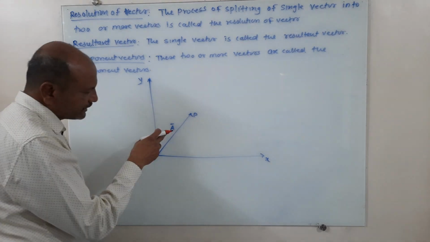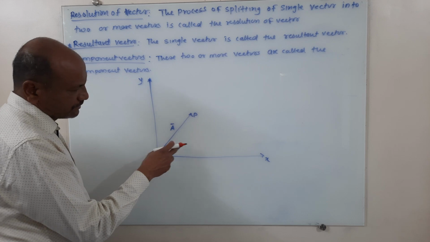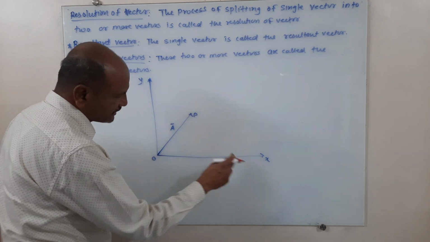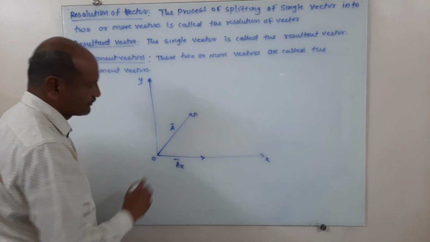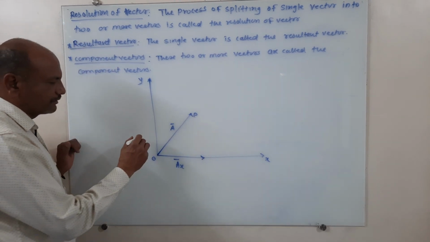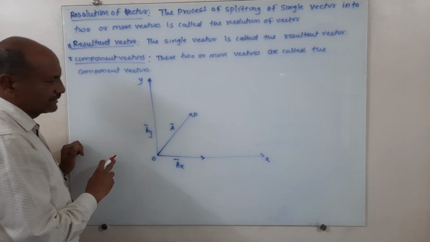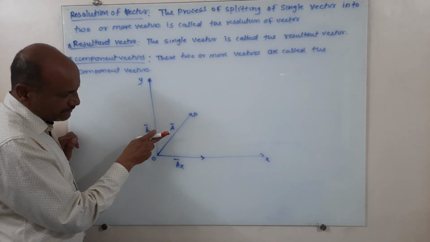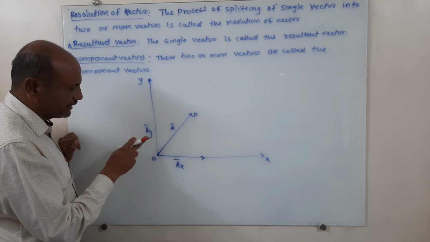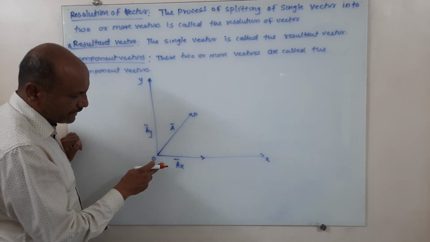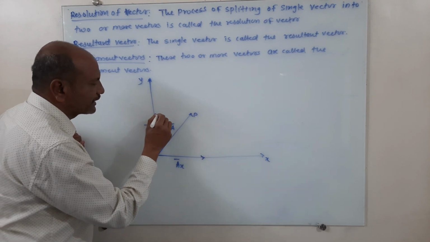Now this A bar is resolved or split up into two vectors. The vector along x direction is the Ax bar. The vector along y direction is the Ay bar. That is, we split up this A bar into two vectors, Ax bar along x direction and Ay bar along y direction.